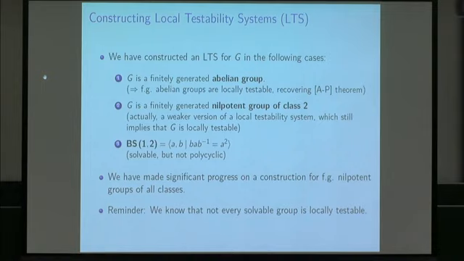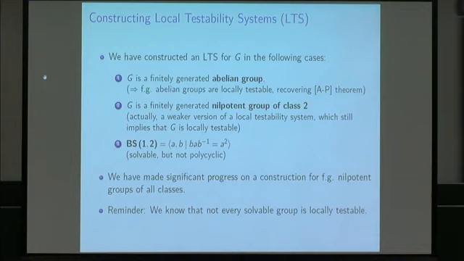Actually, we cannot really do it for nilpotent groups of class 2. We can do something a little weaker, which is still sufficient. This is maybe this weak version of local testability. Maybe it's the deepest part of this theory, but I will not talk about it now. And also, we build it for Baumslag-Solitar 1,2. So just remember, this is a solvable group, which is not polycyclic, but we were able to build a local testability system for these two.